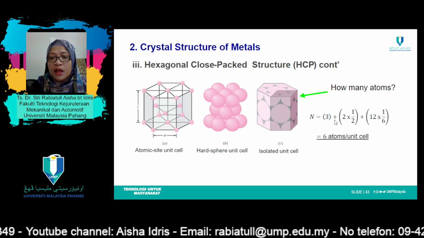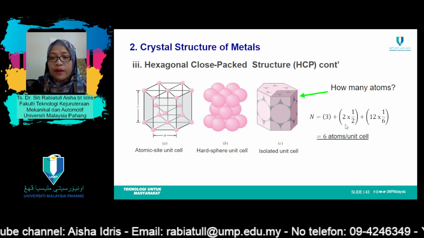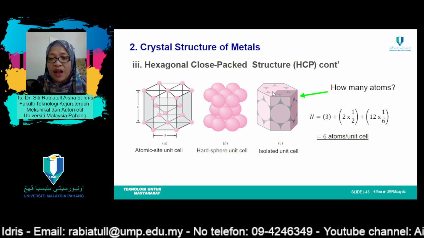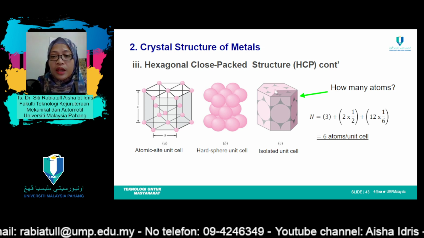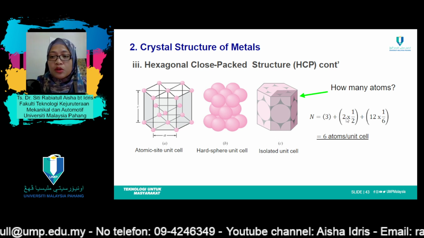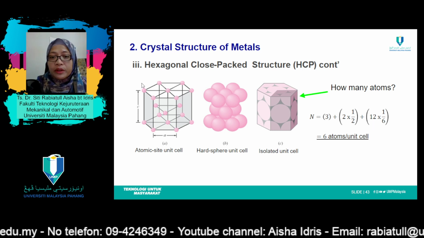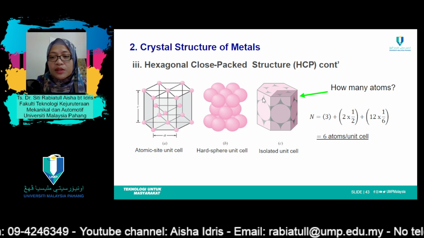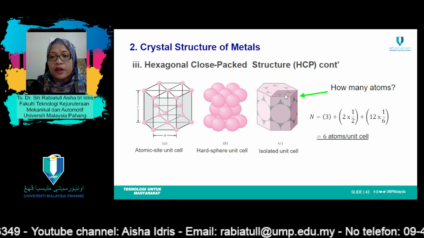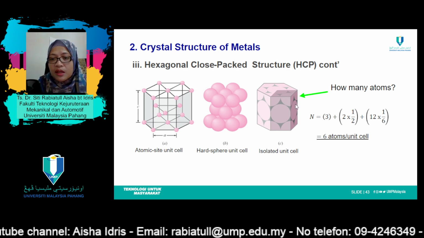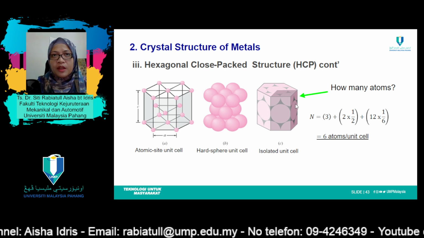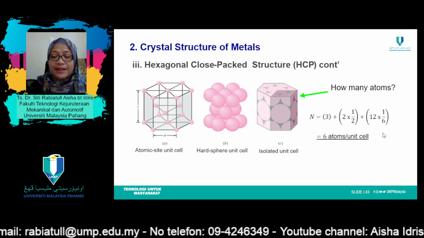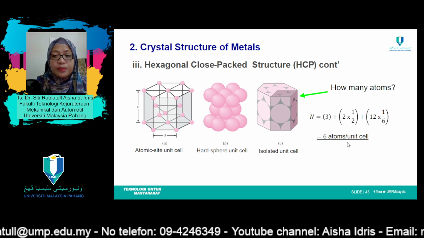So 3 plus, for the surface, we have 2 half atoms at the surface, at the upper part and also the lower part. So 2 times half, plus at the corners there are 12. However, this one is hexagonal, so each corner atom is shared by 6 cells. That's why 12 times 1/6. Altogether it equals 6 atoms per unit cell.